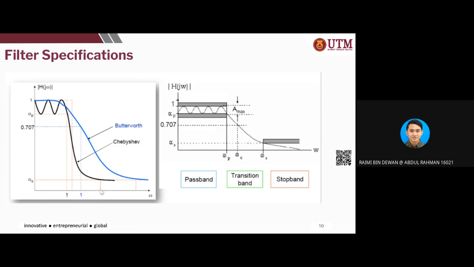It means that for Chebyshev, the signal is already attenuated at omega 2. However, because Butterworth has slower roll off, it only attenuates the signal effectively here, for example at omega 3. Okay, so this is your stop band gain value.